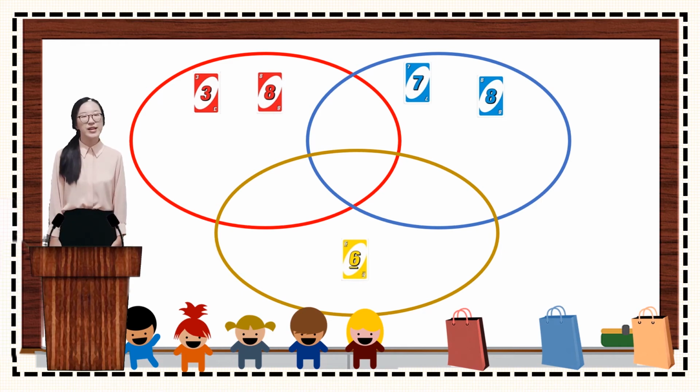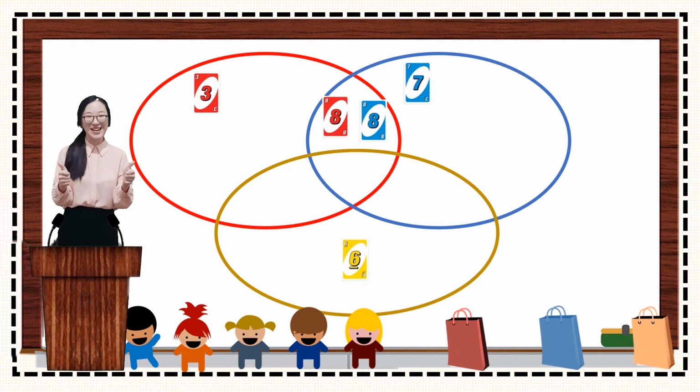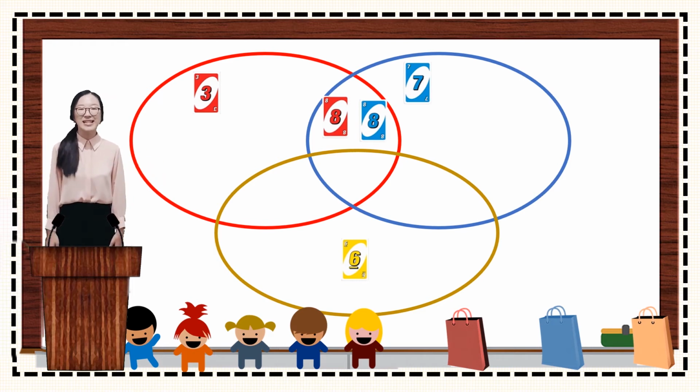However, we can see that 2 cards have the same number, which is 8. Will there be a way to put them in the same region? Can somebody try? You're right, Sophia! We can put them together since that region is for red and blue cards that have the same numbers. Let's continue.